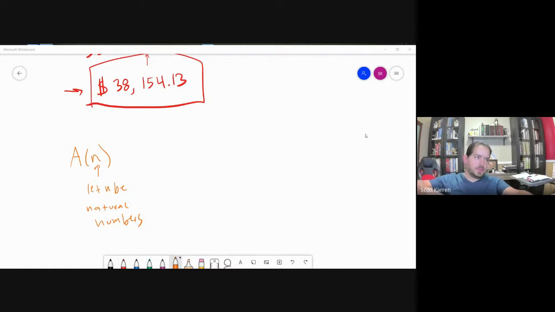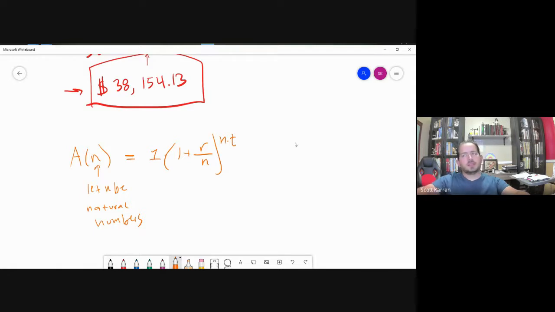So if I change this formula up just a little bit, this a sub n is equal to, and I'm just going to say that my principal is 1, kind of a base unit, so I don't want to throw in a principal just yet. But then I have 1 plus r over n to the nt, right?